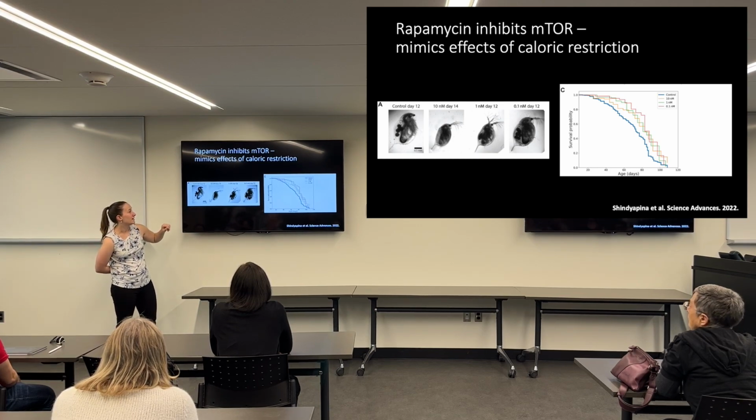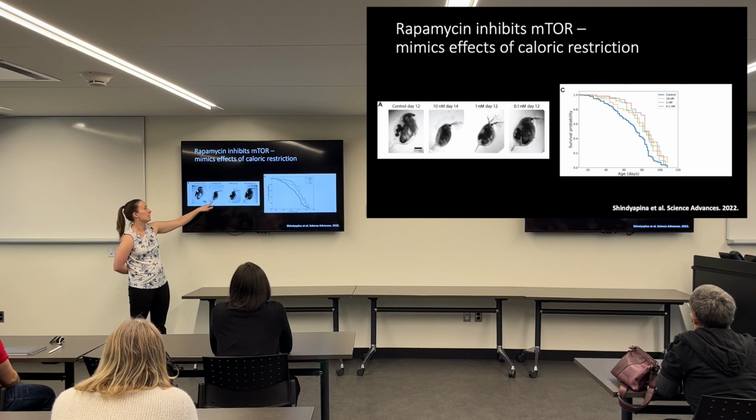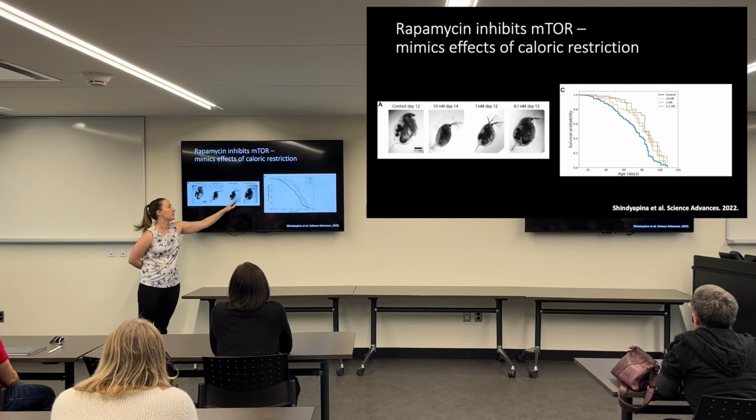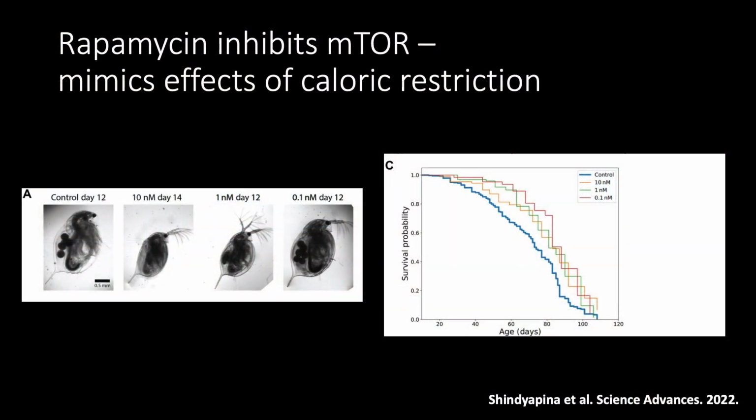But basically in this study, they treated Daphnia with rapamycin, a drug that shuts down the IGF-1 pathway, and they did it at 3 different doses. At a super high dose, you can see that size is different, whereas at the less intense dose, it's not so much different. And when they plotted longevity, they saw that pretty much any dosage of rapamycin increased lifespan of these model organisms.